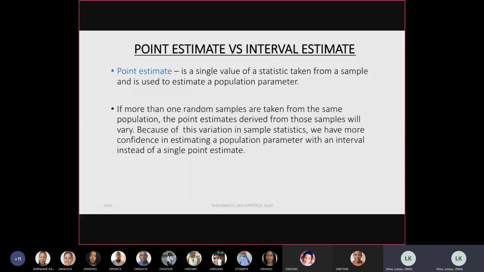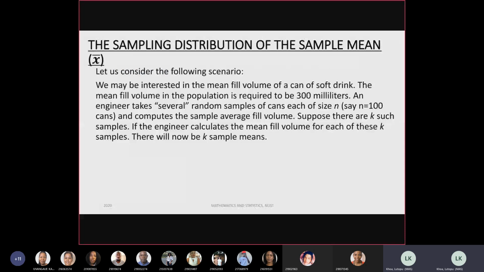Okay, so we can look at a scenario when we would actually make use of this sampling distribution. For example, you're interested in the mean fill volume of a can of soft drink. The mean fill volume in the population is required to be 300 milliliters because that is what it says on the can.